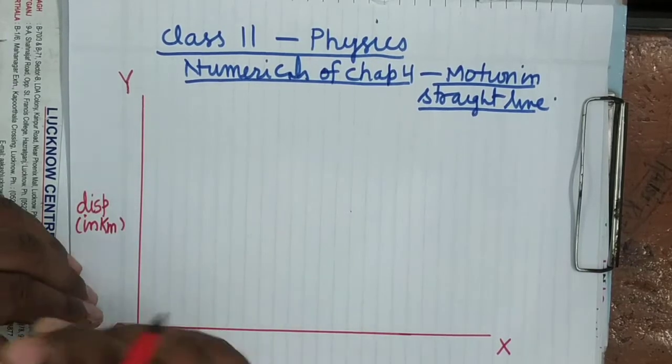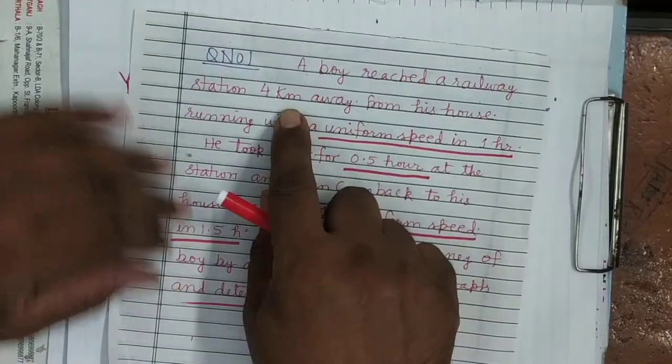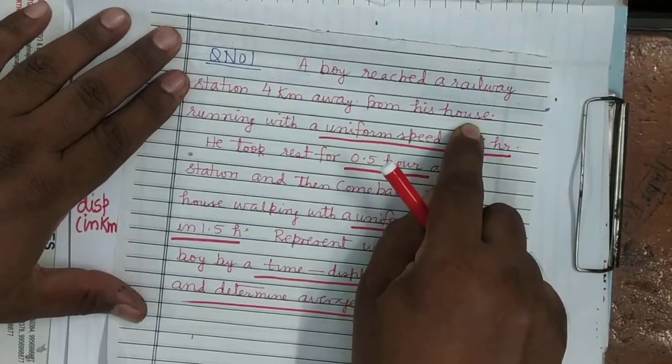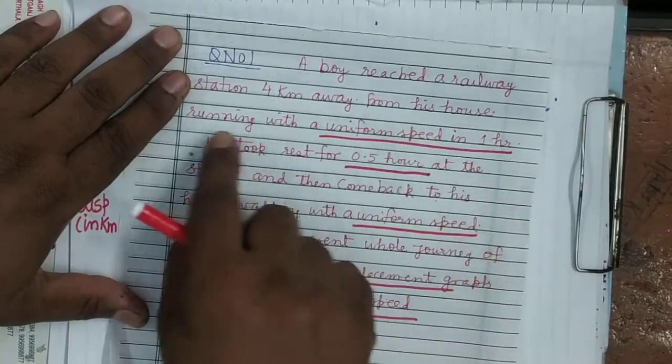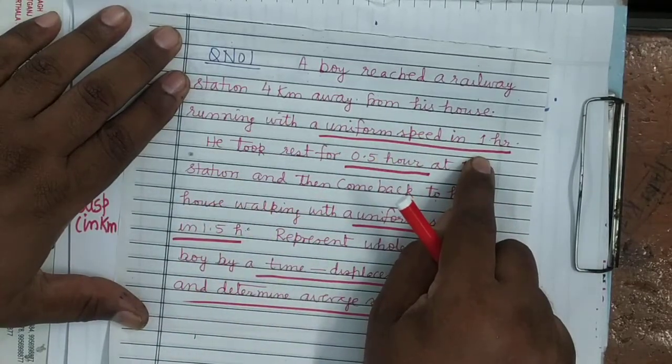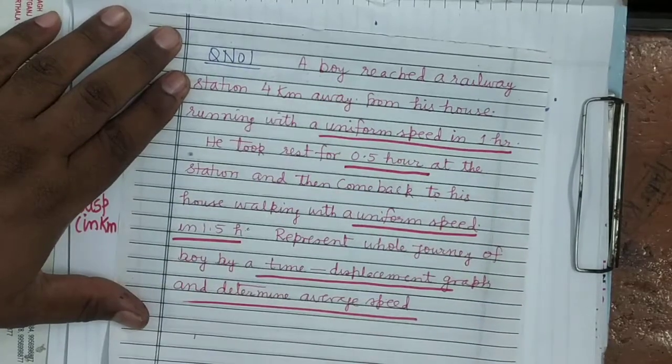What is the distance of the railway station from his house? That is 4 kilometers. So in the first 1 hour, from his house running with a uniform speed, he covers 4 kilometers.